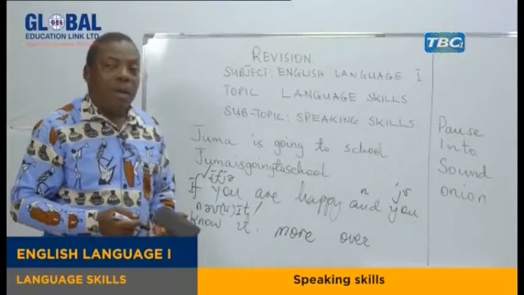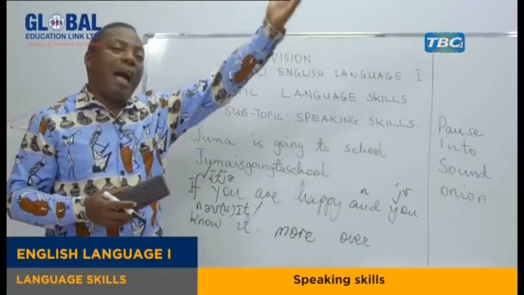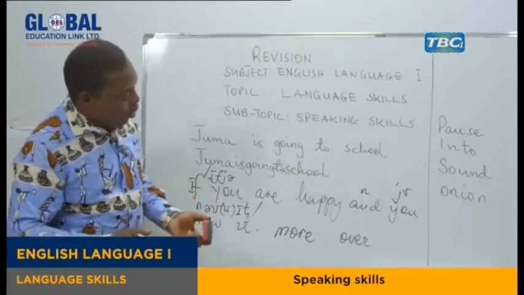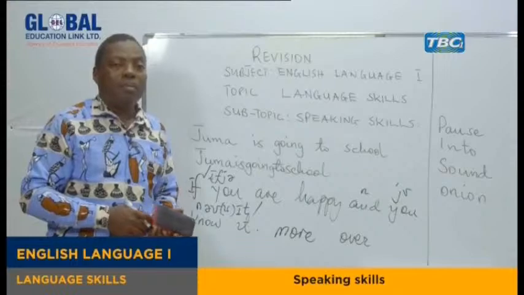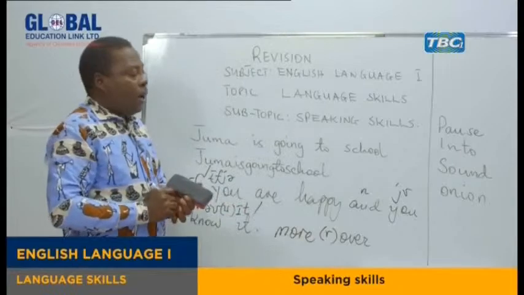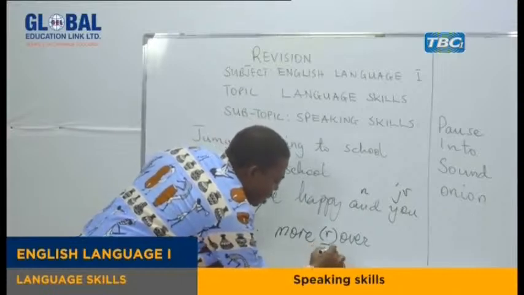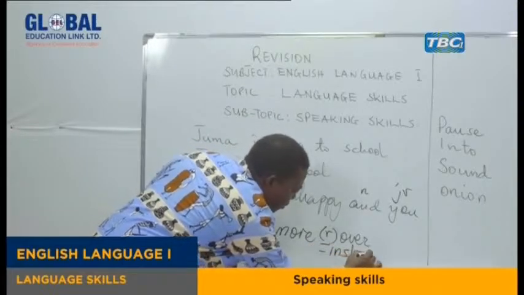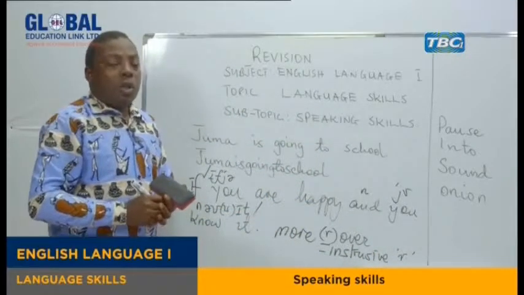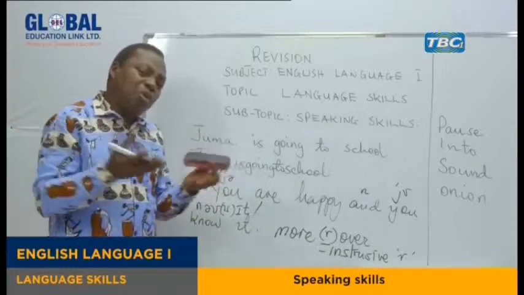The two words, more over. Now, as you hear one speak, you can't find him or her say "more over", but instead you'll find him or her speaking something like "moreover", with an R. So at this point, you have inserted the R, which differently from the previous ones that we have seen, this one is what we call the intrusive R. So the R wasn't there, but we have inserted it just to meet the purpose of how the two words can be connected.